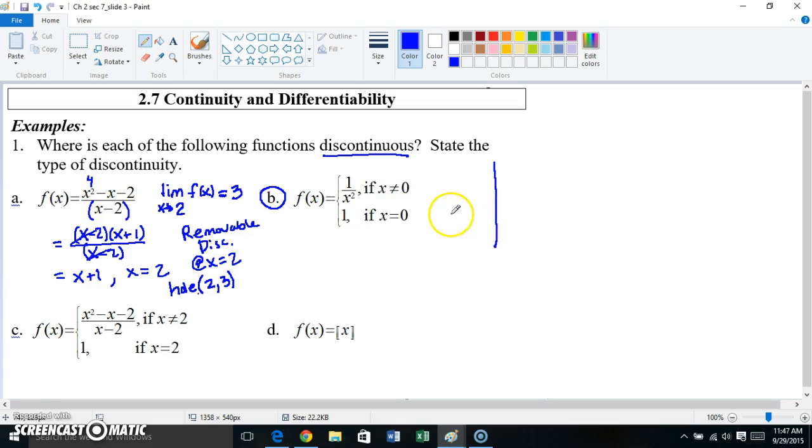You might recall that the graph of 1 over x squared looks something like this. It looks like you're taking the 1 over x graph and squaring it, so everything's going to become positive. So this is the graph of 1 over x squared, and it's y equals 1 at 0. So what type of discontinuity does this graph have?